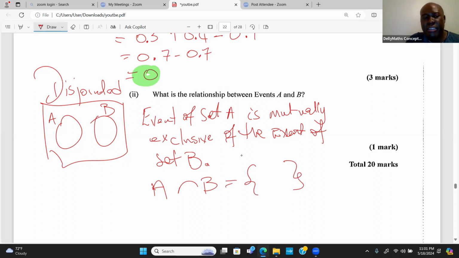There is nothing there. So the sets are like this. I'll say that to get just 1 mark, right? Let us see what else is coming.